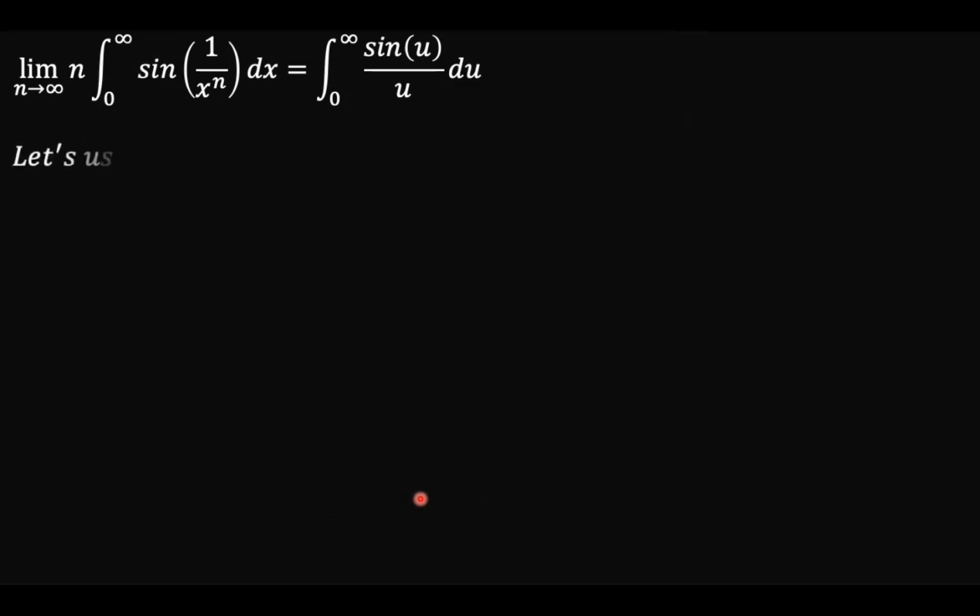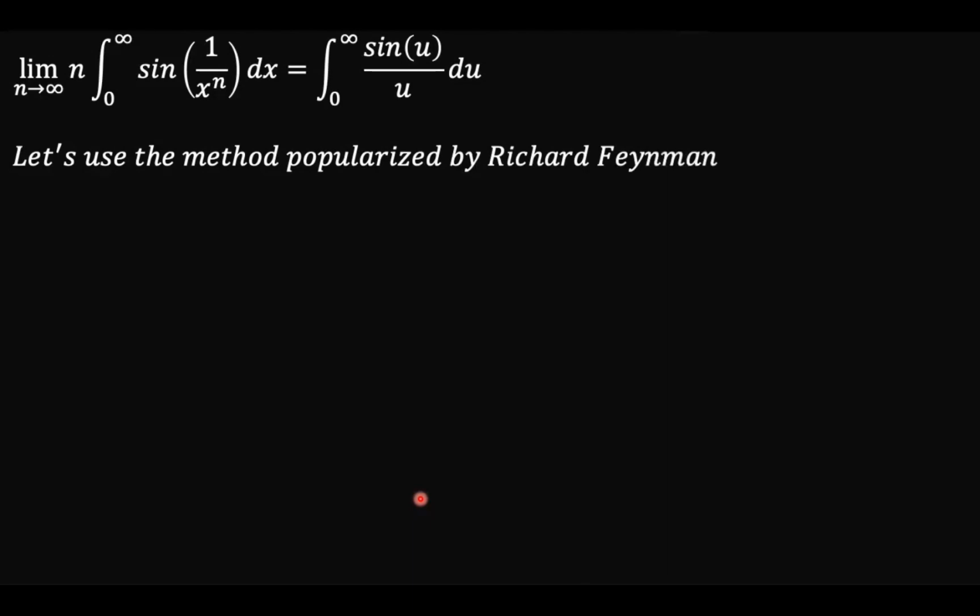And so what we would do there is we would say let I(a) be equal to the integral of e to the power negative a u times sine u over u.